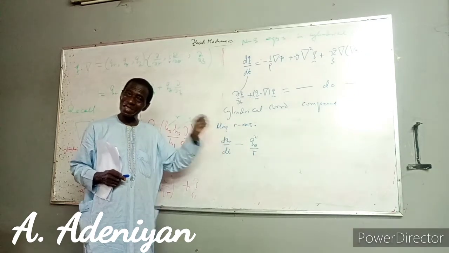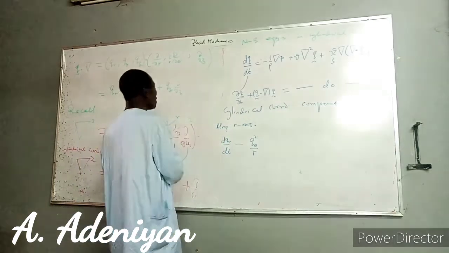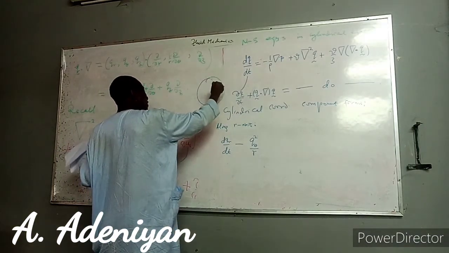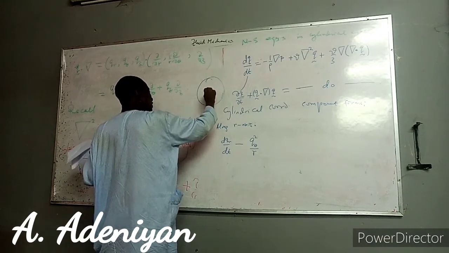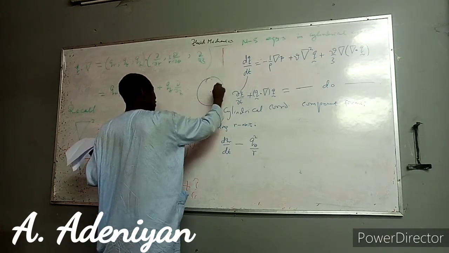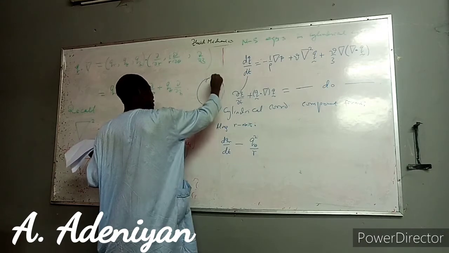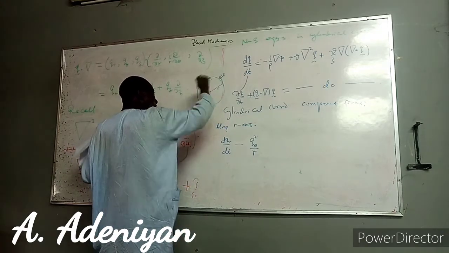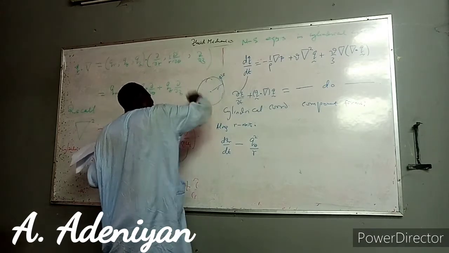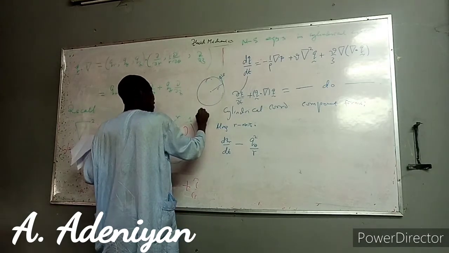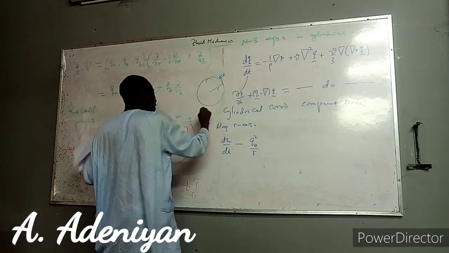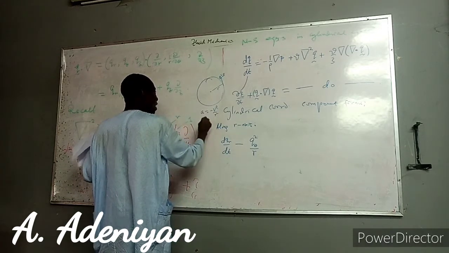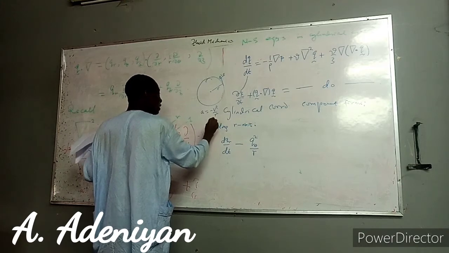When a particle is moving round and round, with separation r, the radius, and velocity v, the acceleration along that is always minus v squared over r, or at times you say minus omega squared r.